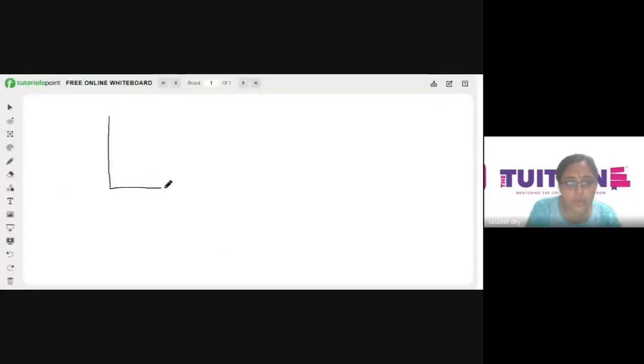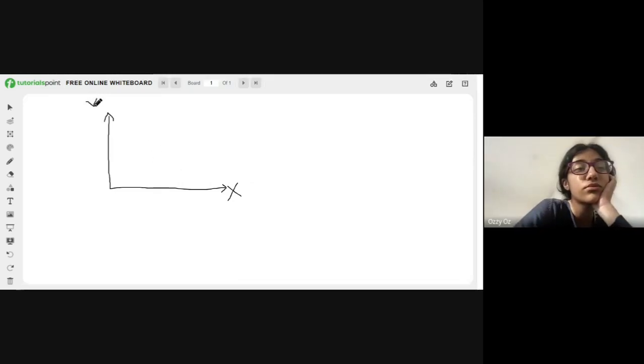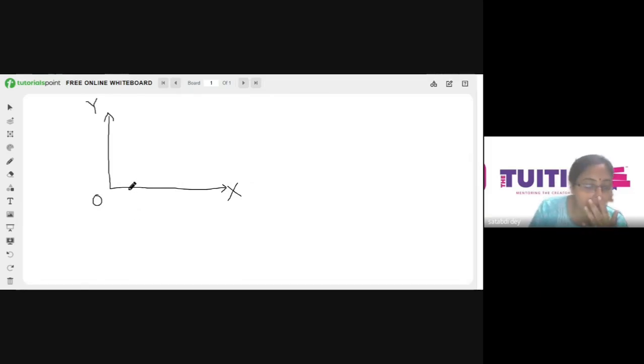Okay, so as I'm drawing the lines, this horizontal line is called the x-axis, and the vertical line which I have drawn is called the y-axis. The point where the x and the y-axis meet is called the point of origin, and so we mark it as 0.